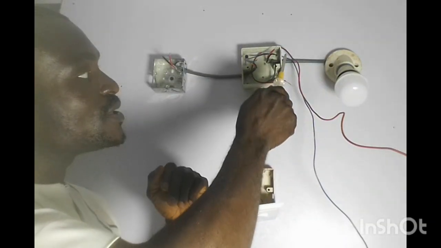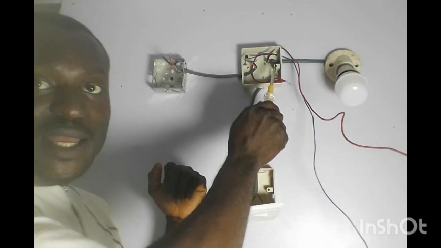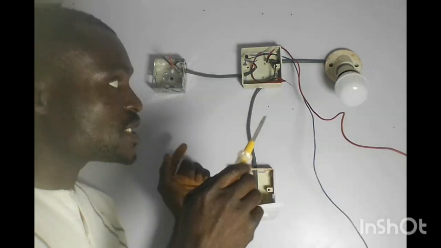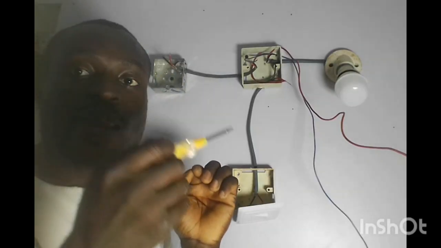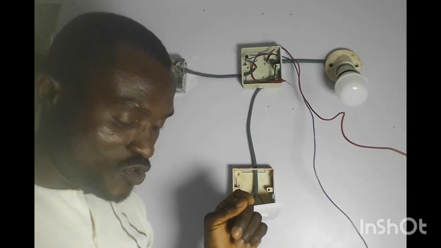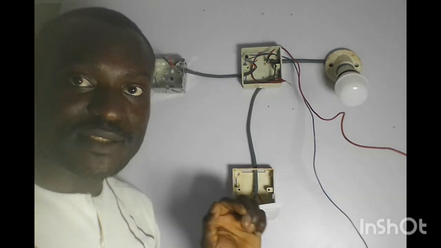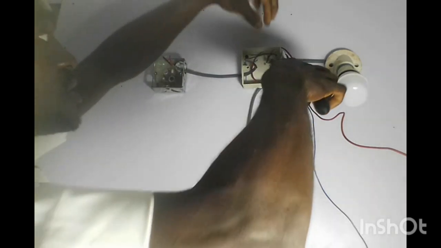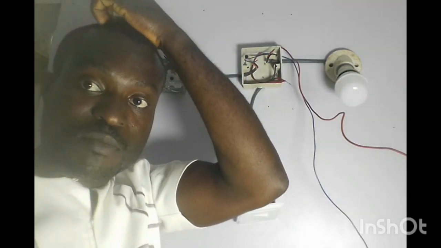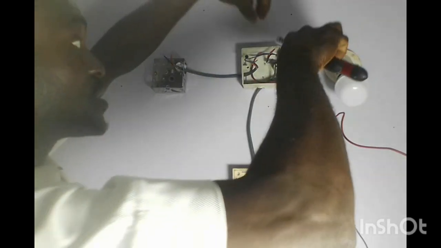So this black wire coming out from the other end of the switch is going to be connected to the live wire coming from the load, that is the bulb. That's what you're going to connect.